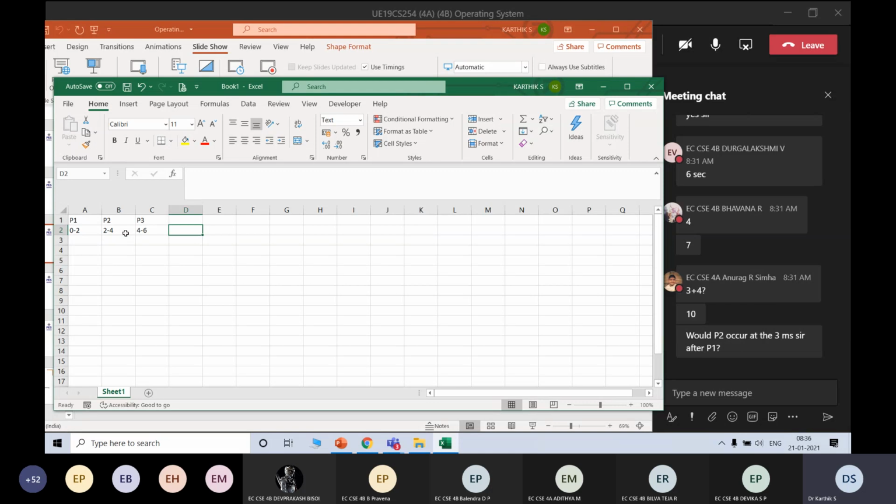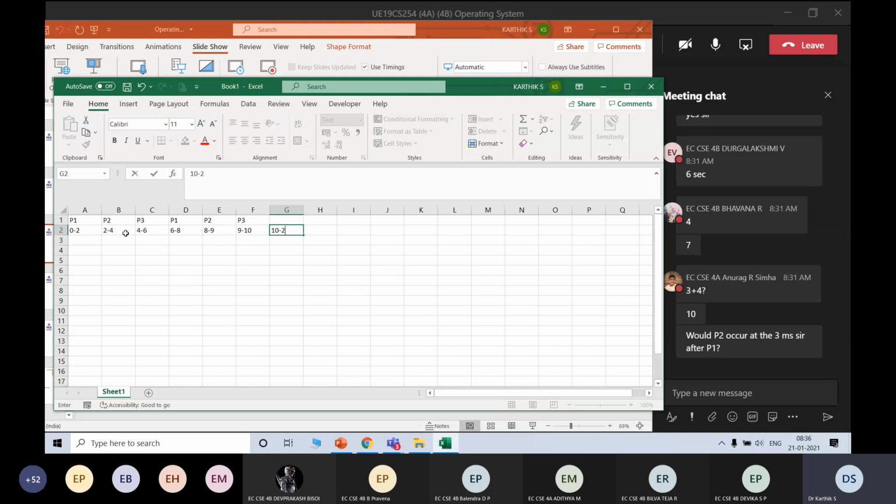Once that is done, again P1 will get the processor between 6 to 8, and then P2 will get it, but for how long? It is only between 8 to 9, because the total burst time of P2 is 3 milliseconds. We have already given 2 milliseconds, so 1 more millisecond is given. Same thing with P3, which required only 1 millisecond, so that is allocated next.